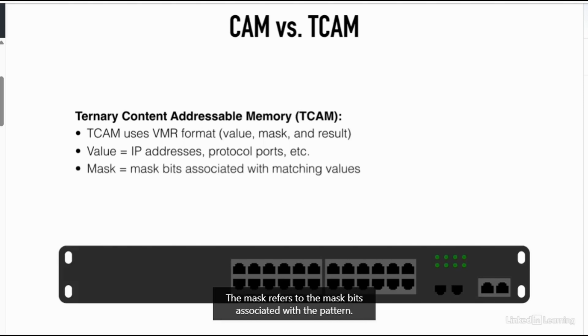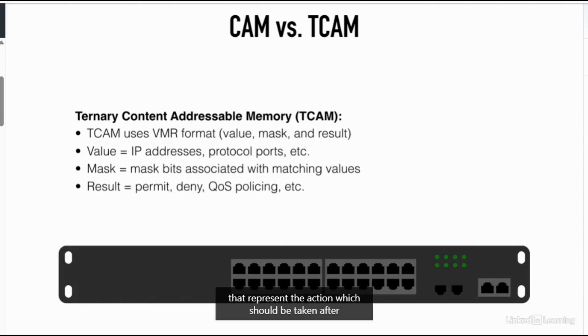The mask refers to the mask bits associated with the pattern. So with ACLs, we assign a wildcard mask to our entries. These types of masks are used in TCAM lookups in order to determine which bits are of interest to us. And the result are numeric values that represent the action which should be taken after TCAM lookup. Those can include permit, deny, QoS policing, next hop forwarding, and so on.